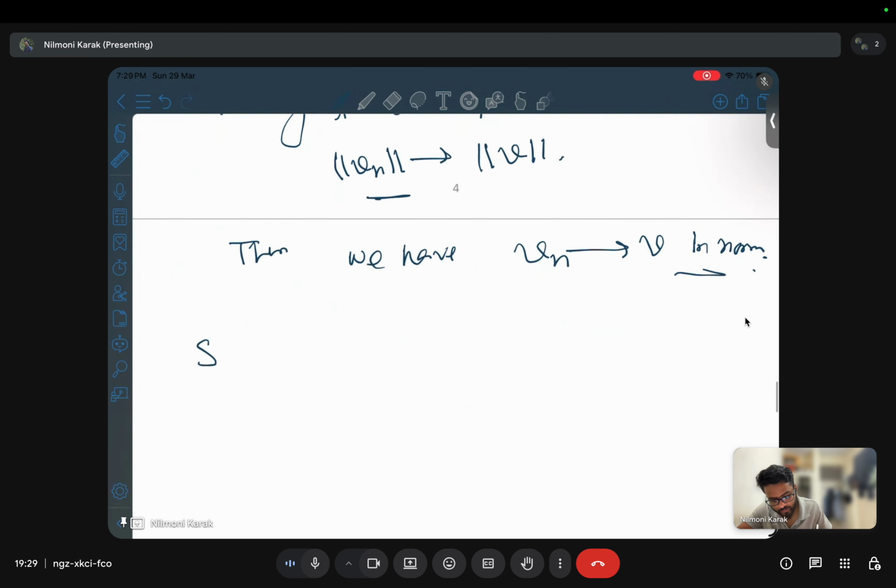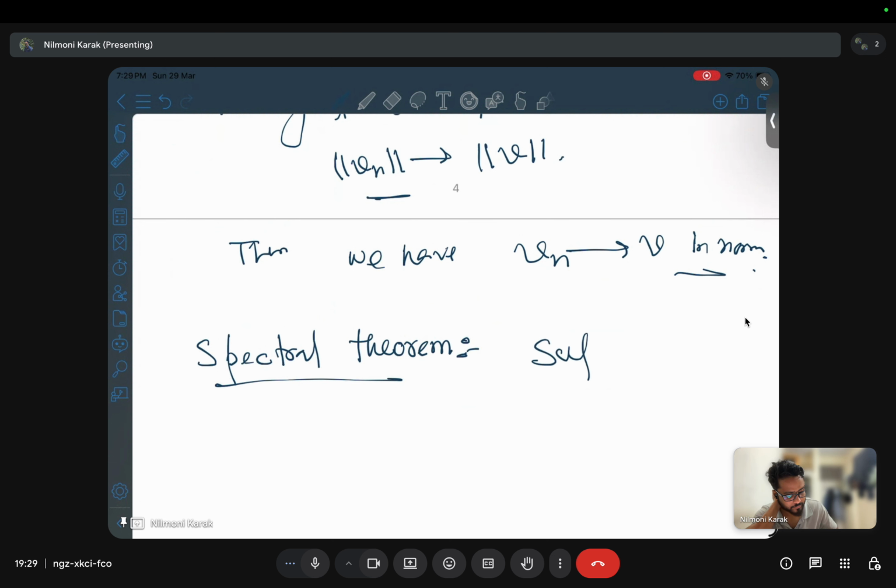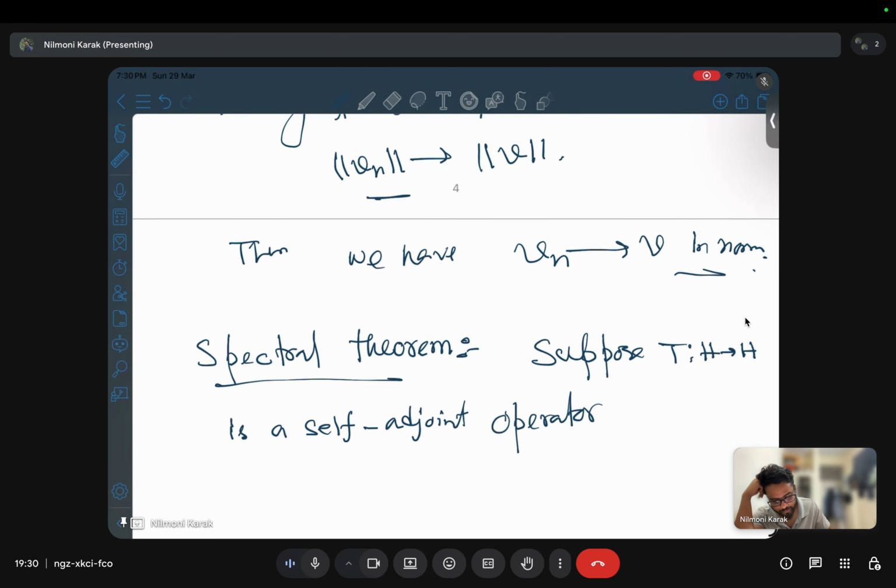Now state the spectral theorem. Suppose T from H to H is a self-adjoint operator on a Hilbert space.